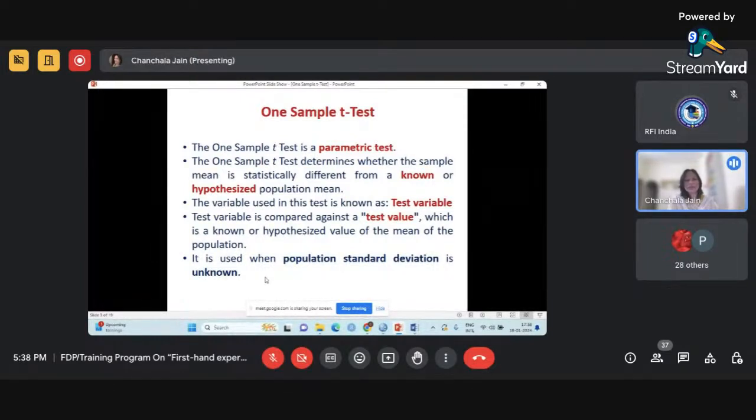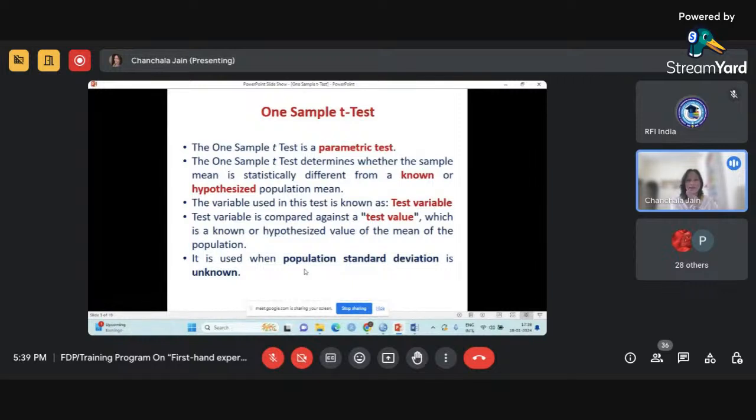Next, it is used when the population standard deviation is unknown. It is very important to understand when to use the one sample t-test. The t-test is generally used when the population standard deviation is unknown. In that case, the suggested tool is the t-test.